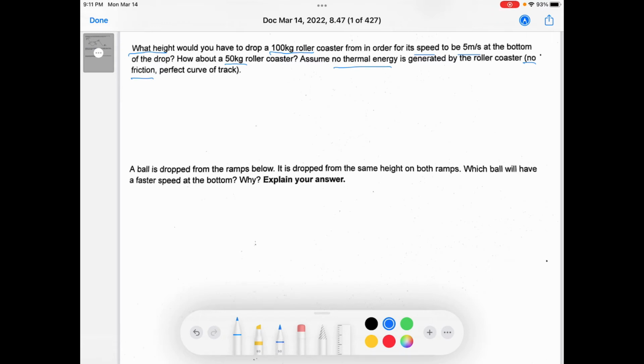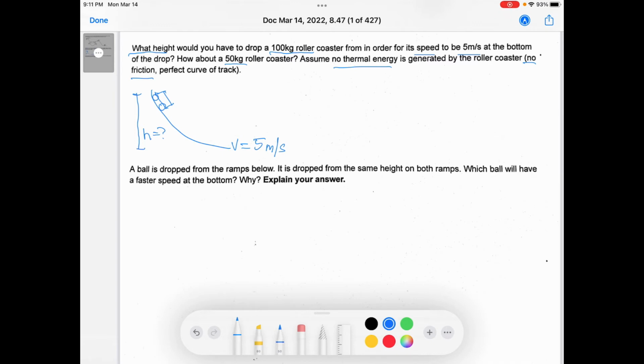Okay, so we have a slope and we have a roller coaster that is going down the slope. And we want to know what height we have to drop the roller coaster from in order for its speed to be 5 meters per second at the bottom of the slope.